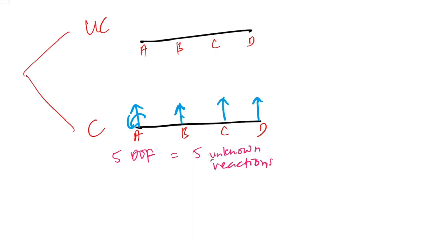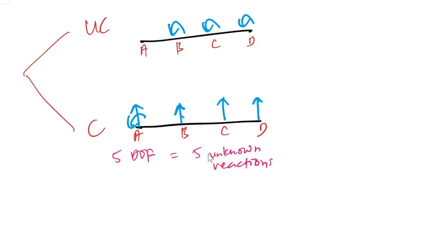So 5 has been put under constraint system, and we have to put another 3, because in total there are 8, because 4 times 2 is 8. We have to put the remaining 3 to complete the degree of freedom: Z at B, Z at C, Z at D.